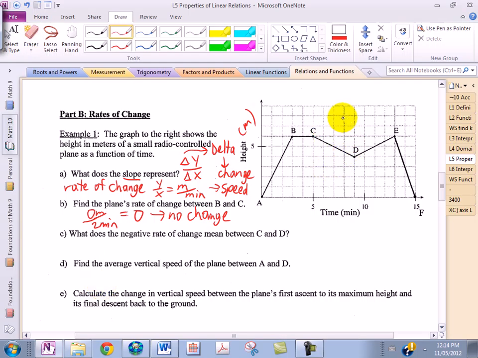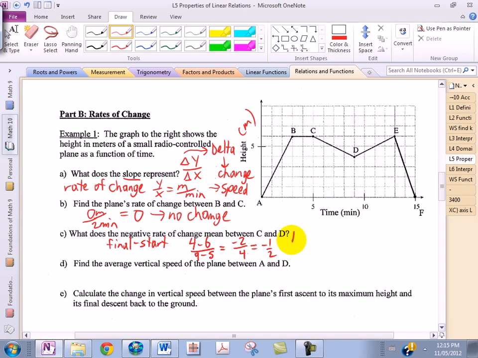Okay, so you have to have your finish. Your final height is what? So it's going to be your final minus your start. So it's going to be 4 minus 6, and then 9 minus 5. So this gives us a slope of negative 2 over 4, which equals negative 1/2.